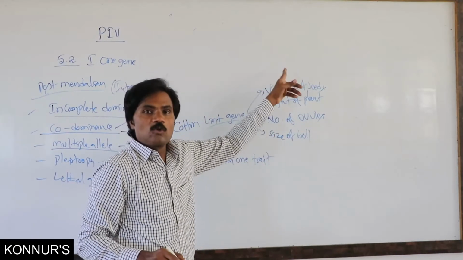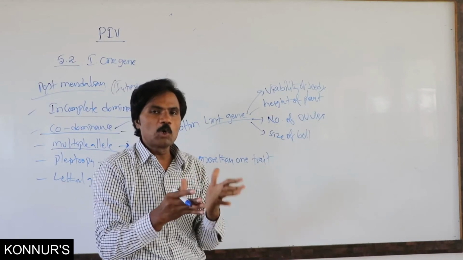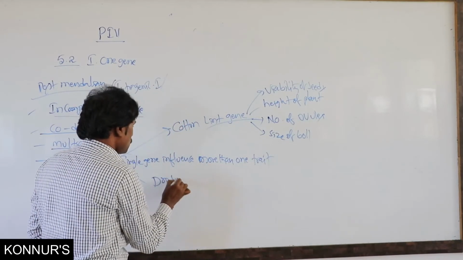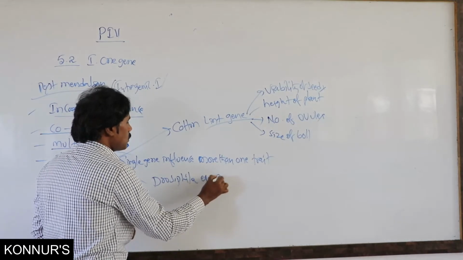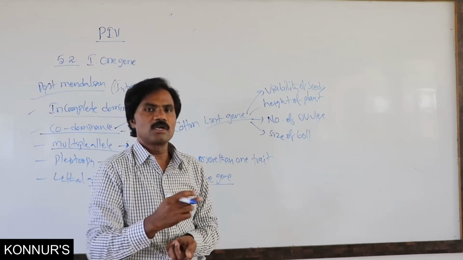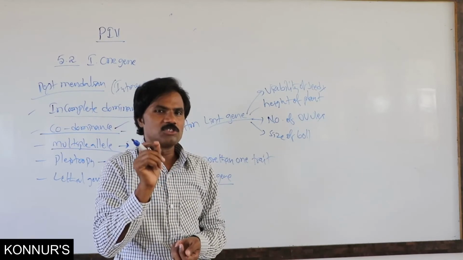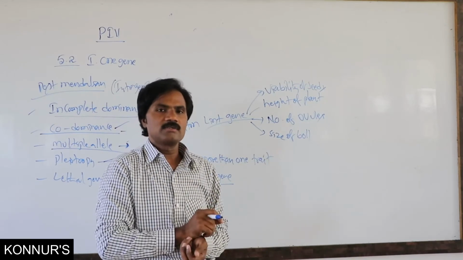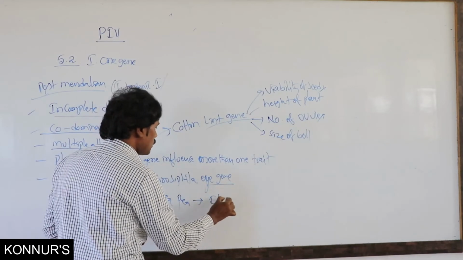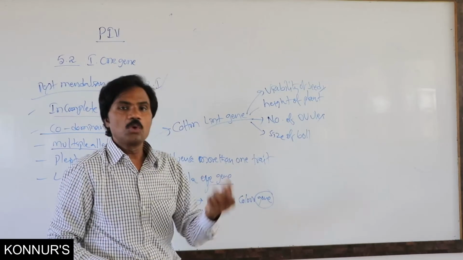Apart from this, in Drosophila, the W gene, the wild type gene, because of mutants, is also one among the pleiotropic genes, indicating multiple characteristic features and colors. Then in the garden pea, the flower color gene, apart from flower color, also influences seed coat color.